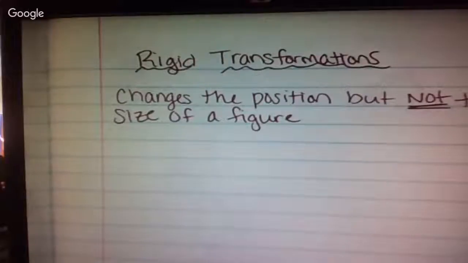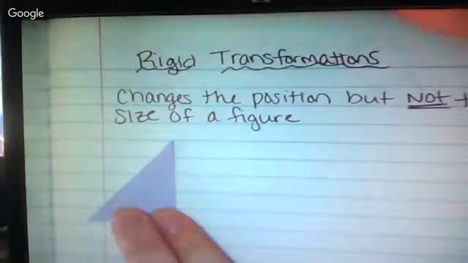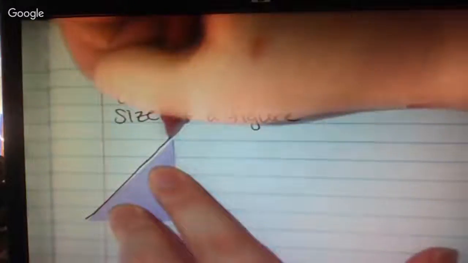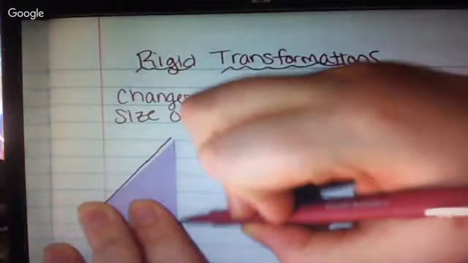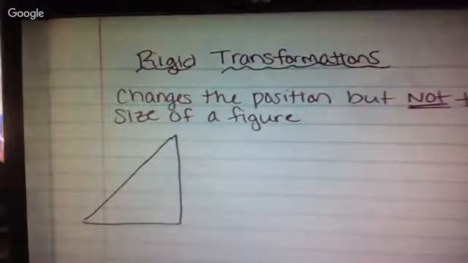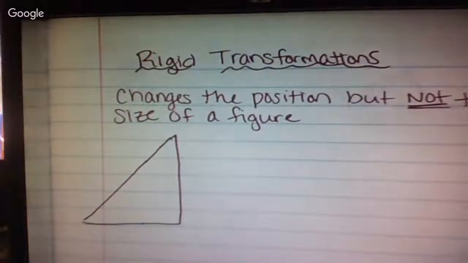Okay, so we're going to start with your triangle. And what I want you to do is take your triangle and trace it. It doesn't have to be perfect. Mine is not by any means.